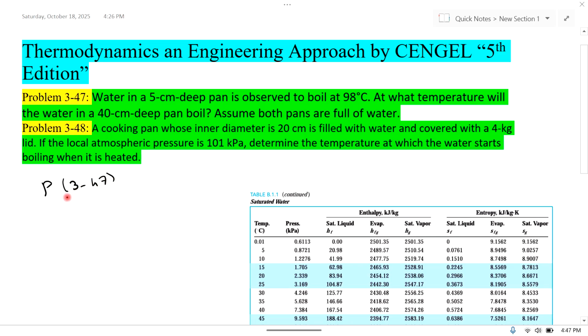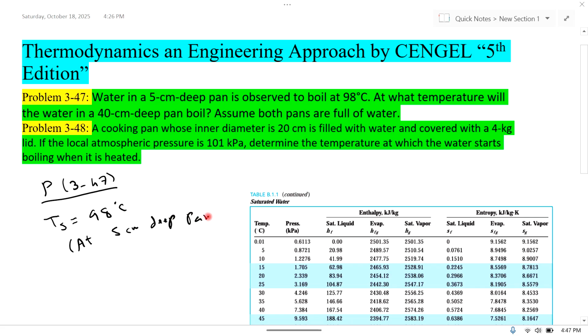3.47. In problem 3.47, the statement is: water in a 5 centimeter deep pan is observed to boil at 98 degrees centigrade. It means that the saturation temperature or boiling temperature of water is 98 degrees centigrade in a 5 centimeter deep pan.